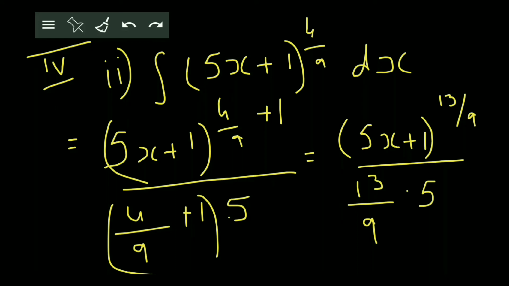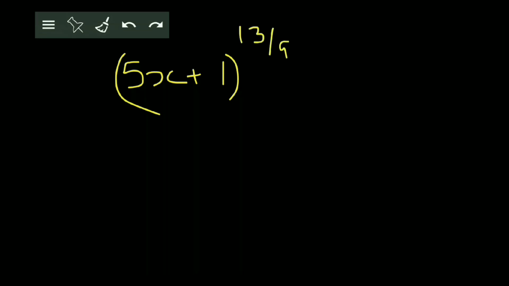Okay. So then the term becomes this way, that is (5x plus 1) raised to 13 upon 9, upon 13 5s are 65 upon 9, in the denominator.